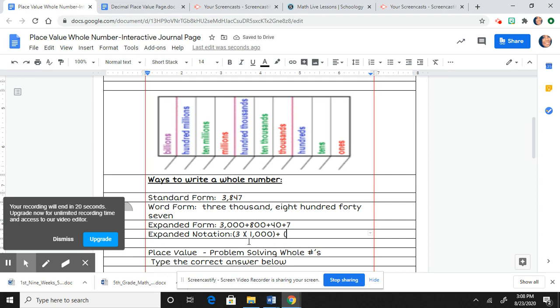Next is the 8. It's in the hundreds place, so we multiply it times 100. Next, we have our 4, and we multiply that times 10 because it's in our tens place.